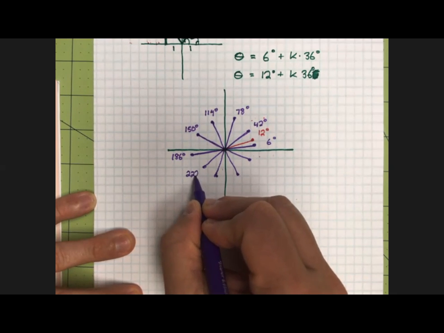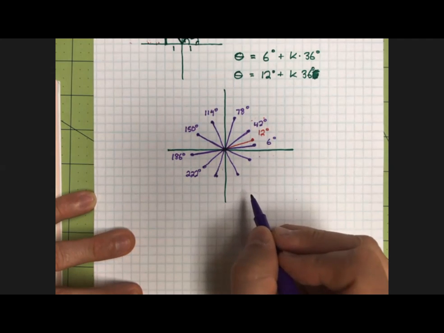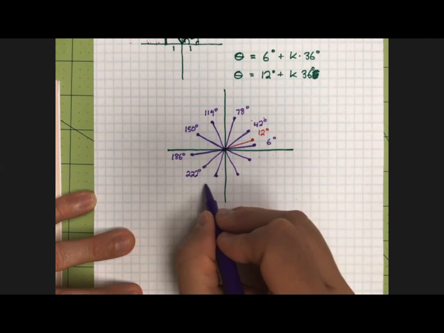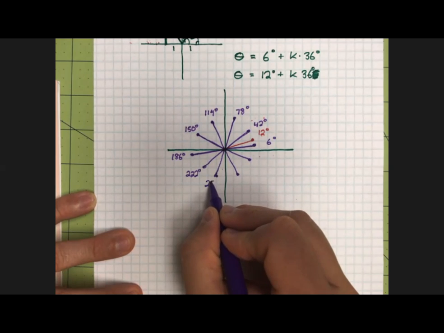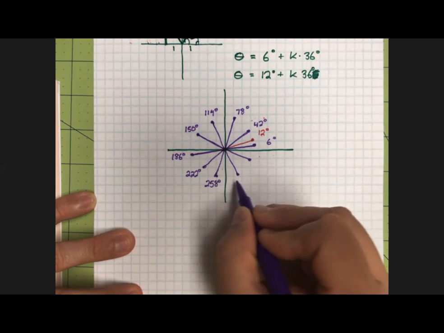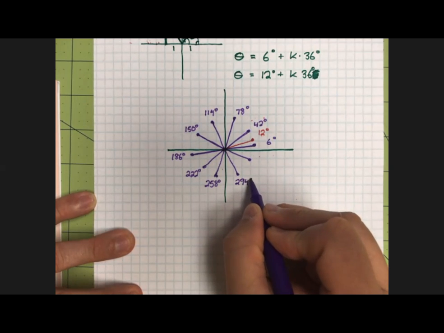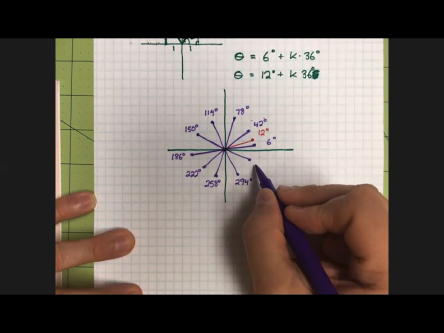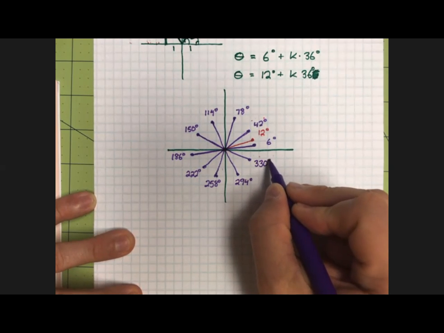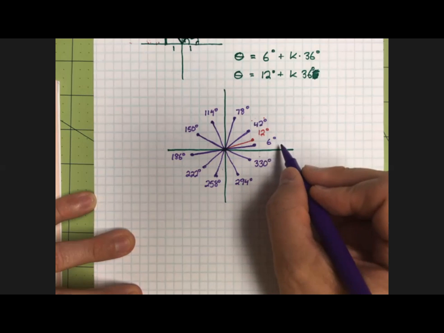Am I adding correctly? Check me to make sure I'm adding correctly. Add 36. 258 degrees. Add 36. 294 degrees. Add 36. 330 degrees. Add 36. Okay, that's 366 degrees. Now I start repeating myself.